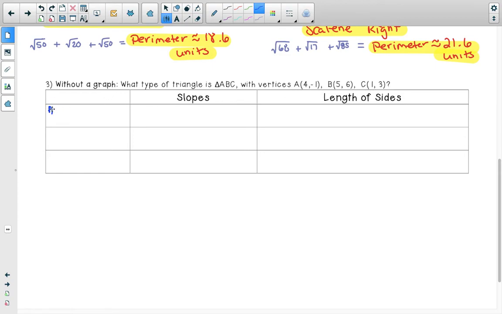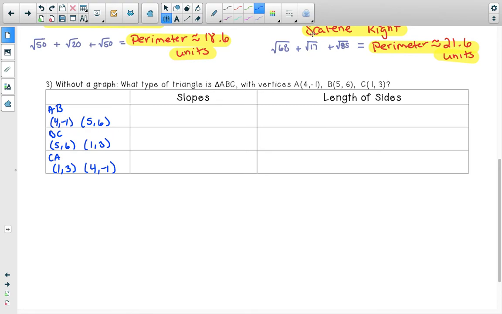We have AB, which is at coordinates (4, -1) and (5, 6). Then we'd go from B to C, which is at coordinates (5, 6) and (1, 3). And then we'd go from C to A. So that would be CA, which is at coordinates (1, 3) and (4, -1).